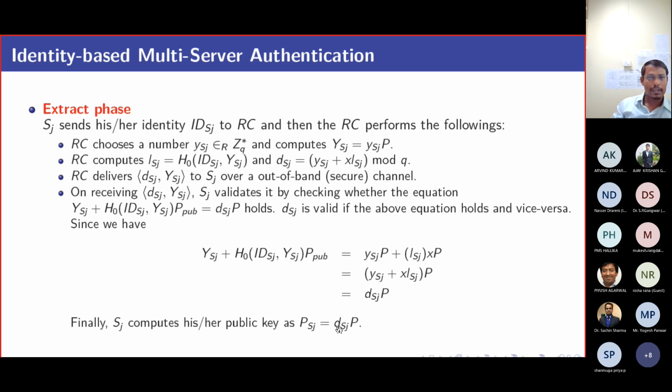DSJ is secret, known only to the server, but the public key can be computed by anyone, because YSJ is public. The identity is also public for every server, and the RC's public key is also public. So anyone can easily compute this value, that is nothing but PSJ. This is the way each and every application server gets its identity-based public and private key.